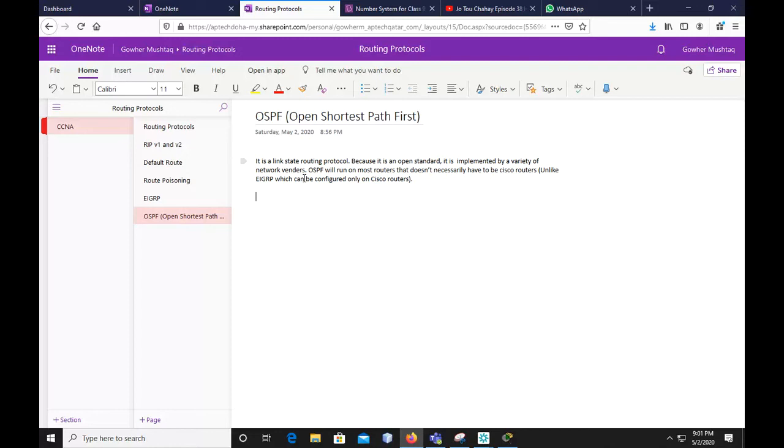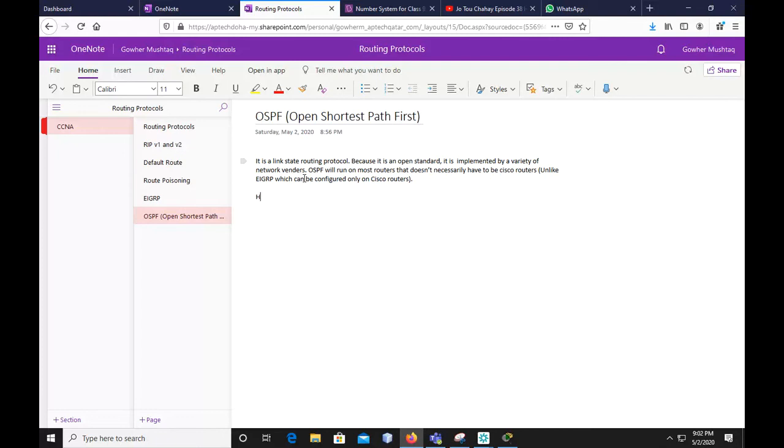But with EIGRP, whatever the price you have for Cisco routers, you have to buy them, and then only you can implement them in the network and use EIGRP. But OSPF is open for you: whether you want cheap routers or costlier routers, you can use OSPF. So that's the advantage that OSPF has.